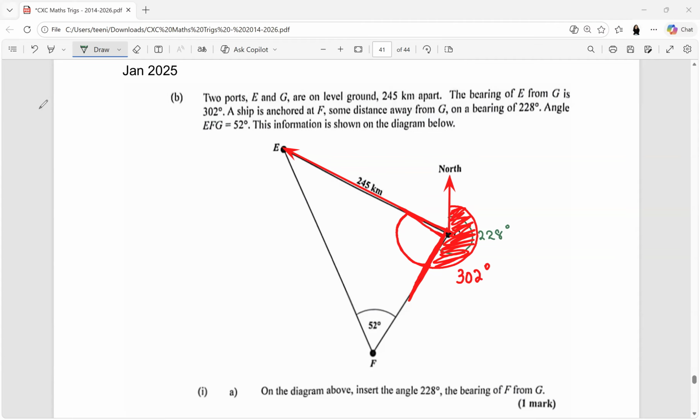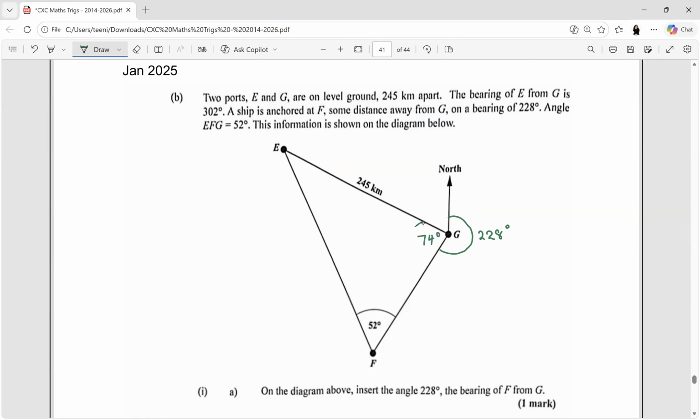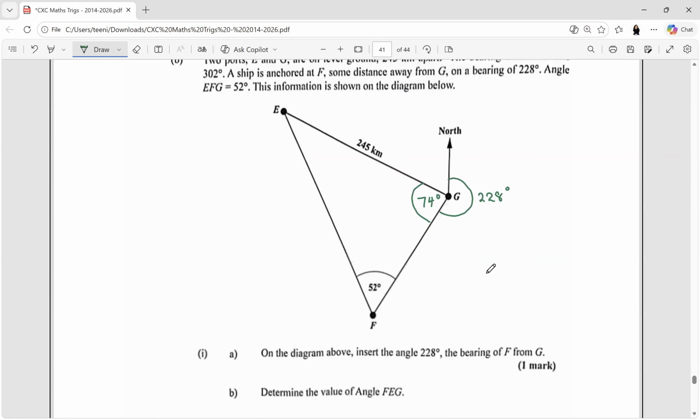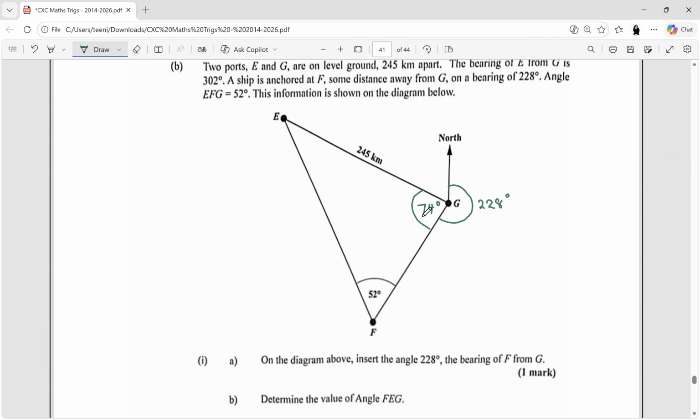So it means then that the angle within the triangle at G, this angle here, is 74 degrees. All right. And since I have these two angles, I can find the third angle, FEG.